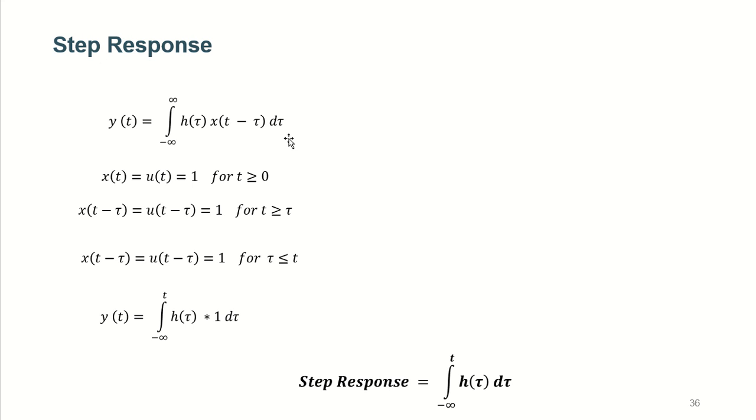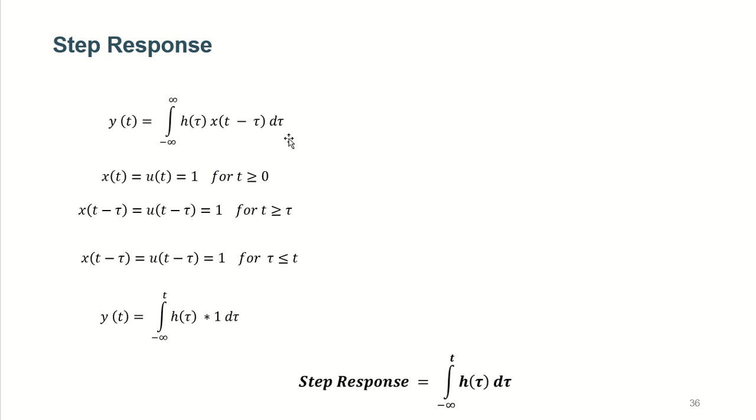This time we will consider x of t to be a unit step signal. What was the value of the unit step signal? It was 1 for every value of t greater than or equal to 0.